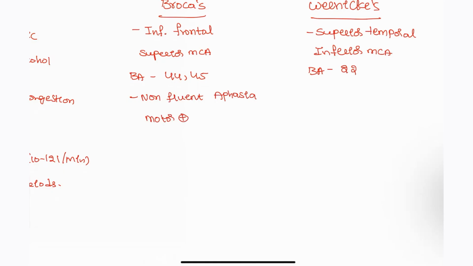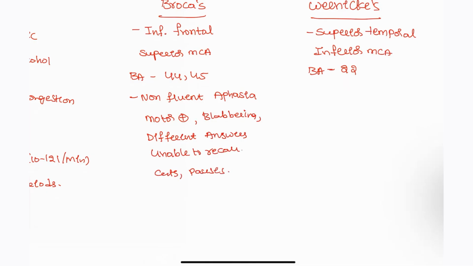Along with that, the patient will be using different answers and unable to recall. Okay, non-fluent aphasia. So the words will be blabbering, hiccups, pauses that will be seen in the patients of Broca's.